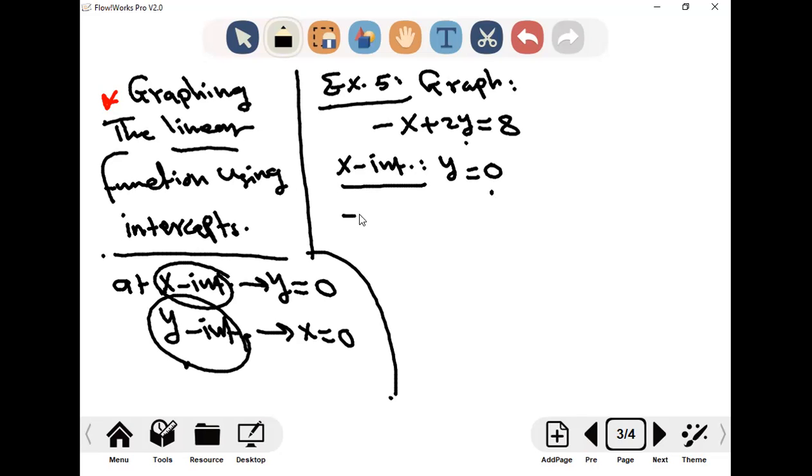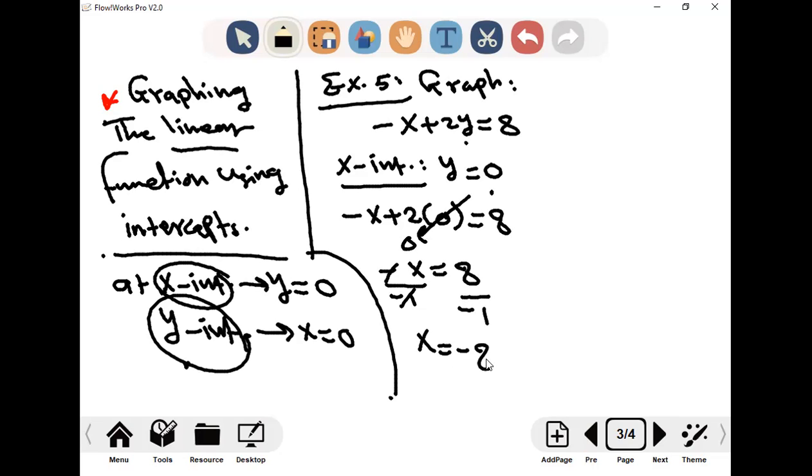Negative x plus 2 multiplied by 0 equals 8. Find x now. 2 multiplied by 0 is 0, so negative x equals 8. I want x. Here it is negative 1, right? Divide by negative 1, divide by negative 1, x equals negative 8. This is the x-intercept.